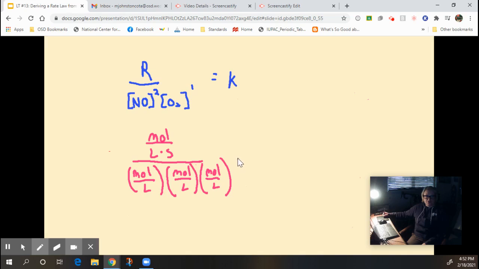So what I'm going to do here is figure out what units do not cancel. I've got 1 mole per liter on the top. I can cancel out then 1 mole per liter on the bottom. That's going to leave me 1 over seconds on the top over moles squared, liters squared.